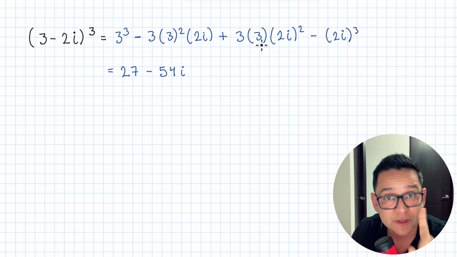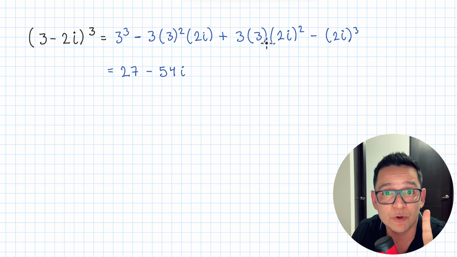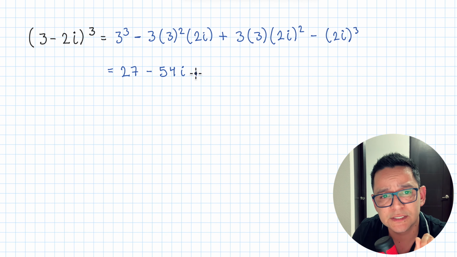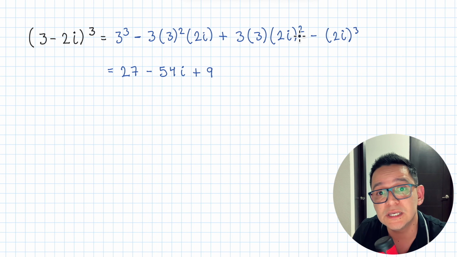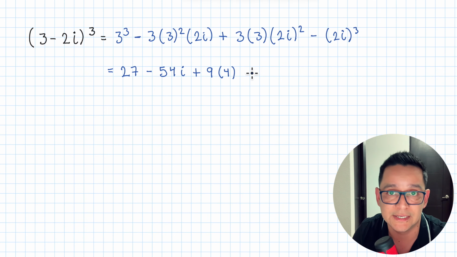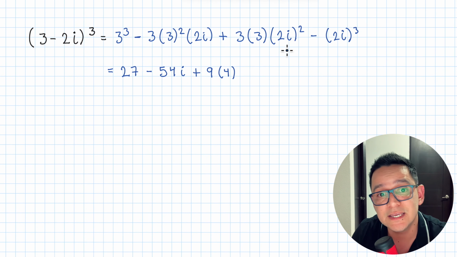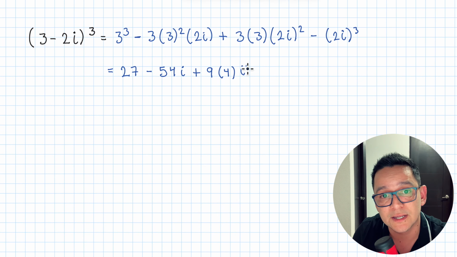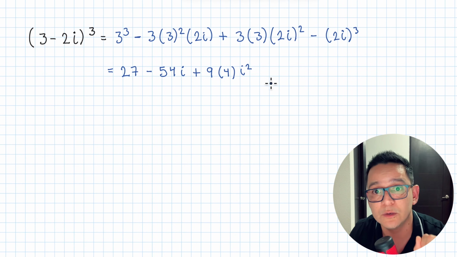Now pay close attention to how I'm going to do the following. Here we have 3 times 3, so I'm going to write plus 9. And here we have 2 squared, so first I'm going to write 2 squared, which is equal to 4, and this i squared. For now, I'm going to leave it as i squared.